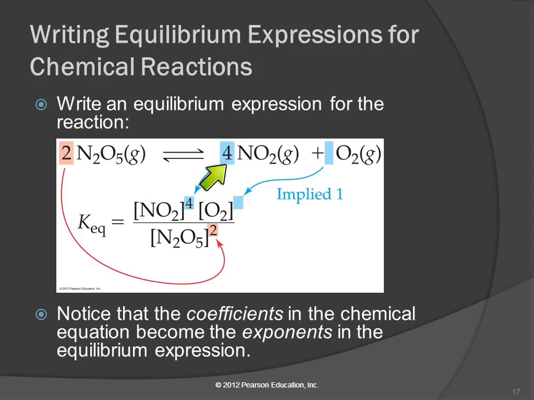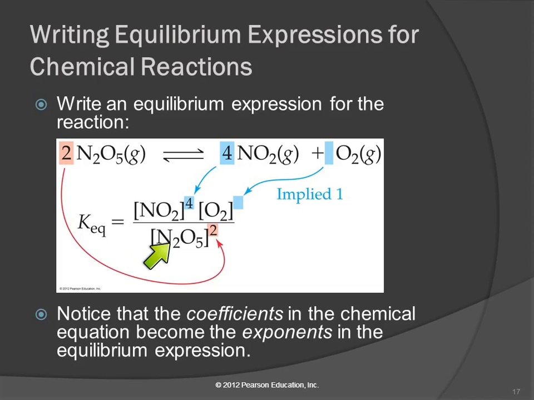Then we're going to look at the coefficient. This one has a coefficient of 4, so this concentration is raised to the 4th power. This has an implied coefficient of 1, so this would be raised to an exponent of 1. Do we need to write that? No, anything raised to the 1st power is just itself.